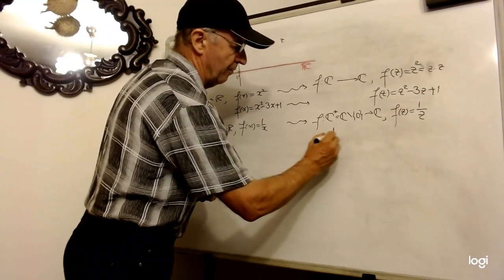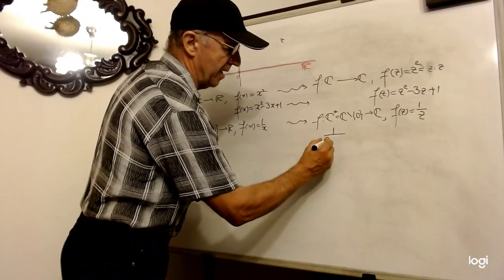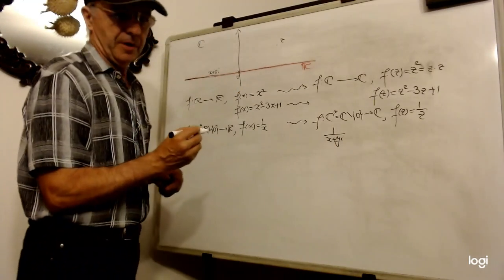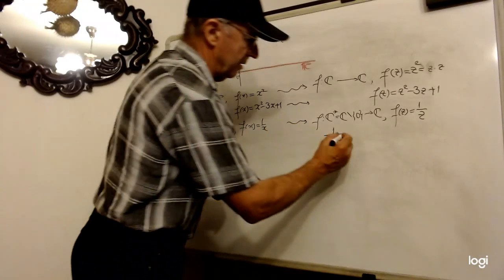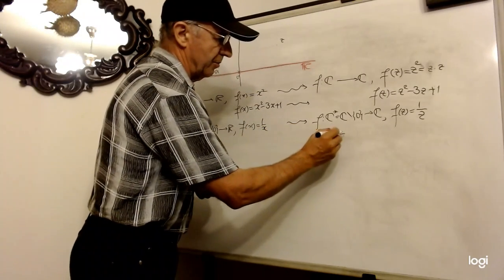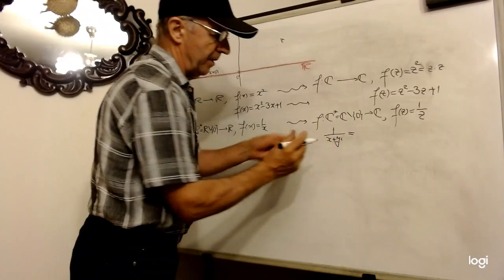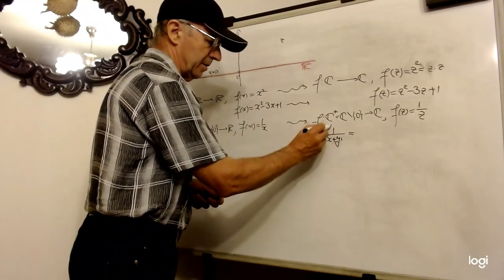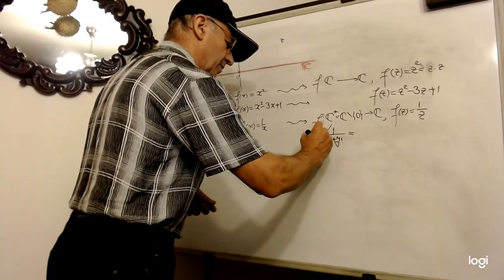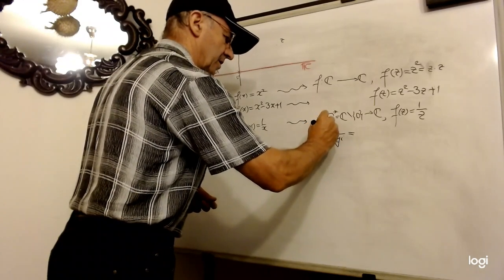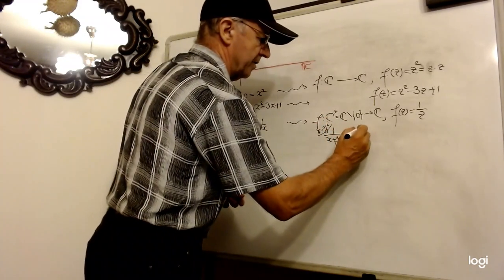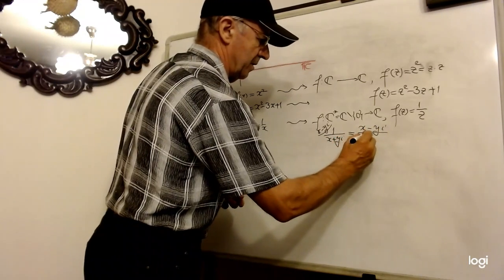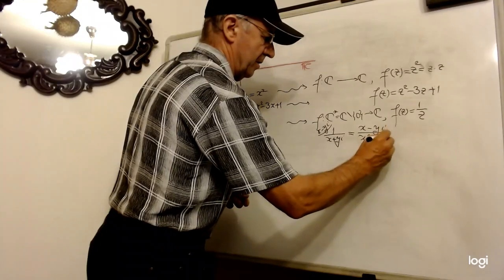defined explicitly by 1 over x plus yi, the real and imaginary part. And in order to find the real part of this number and the imaginary part, we amplify with x minus yi, and we get x minus yi over x squared plus y squared.